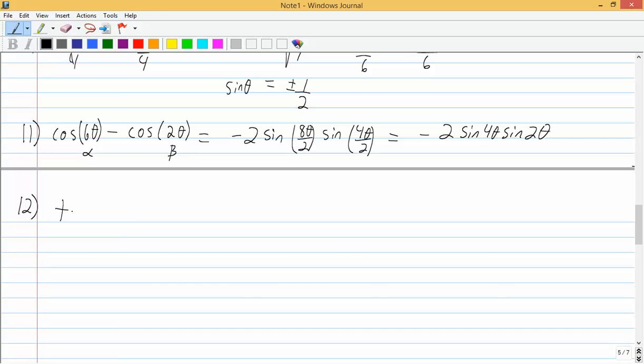Number 12 is the tangent of the inverse cosine of -1/2. When the inverse is on the inside like this, you can use x, y, and r.